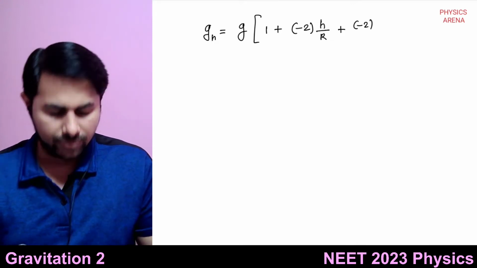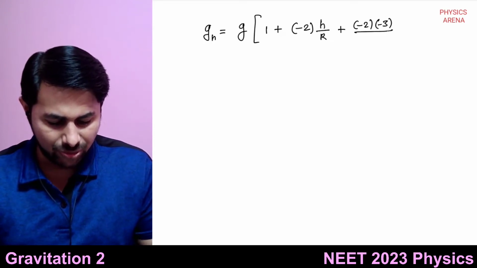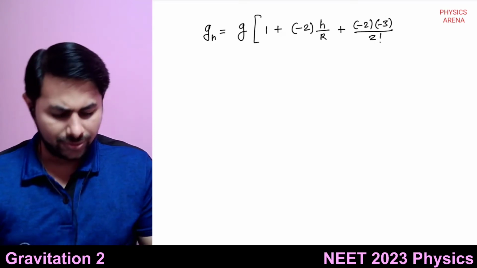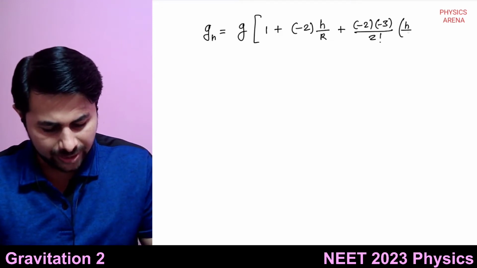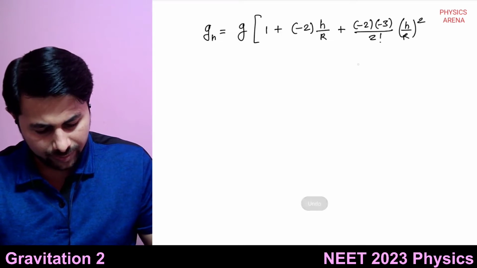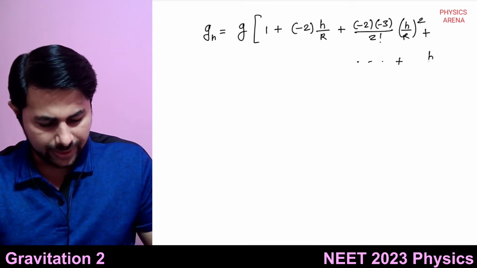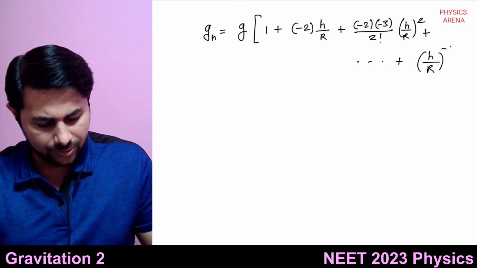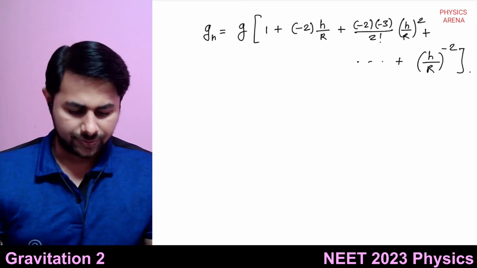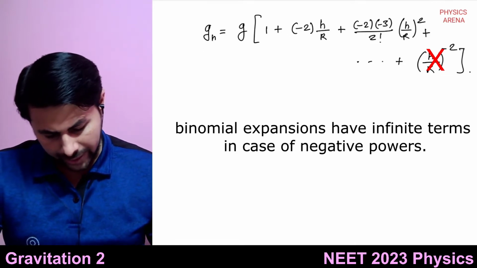So minus 2 multiplied by minus 2 minus 1, that is minus 3 divided by 2 factorial, that's 2, multiplied by h upon r square, plus so on and so forth up to plus h upon r raised to minus 2. So you write this.